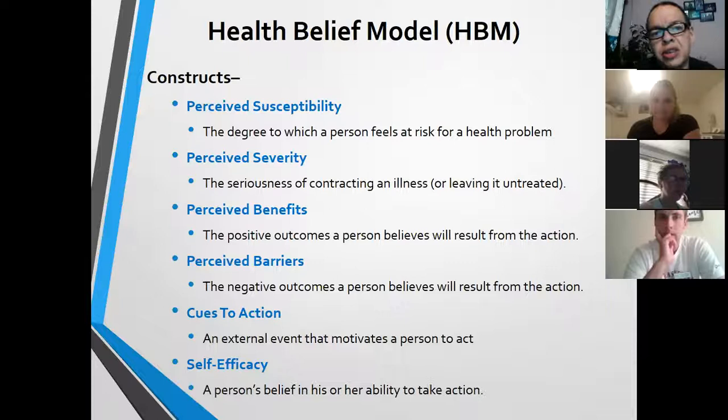So here they show the constructs again. Do you have any questions or any comments about those concepts? No, those seemed pretty straightforward. Yeah, they don't seem complicated at all.